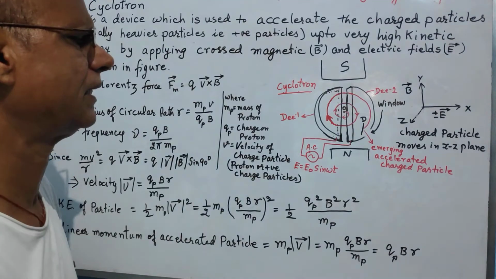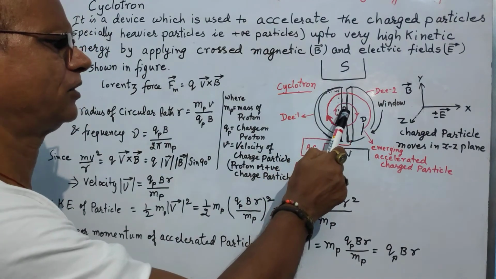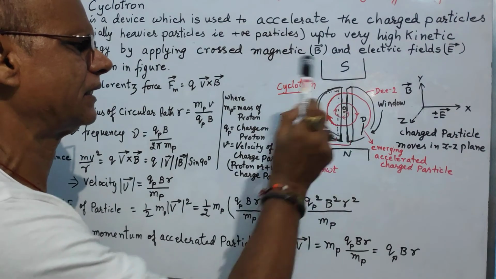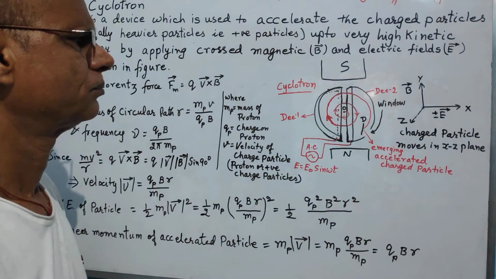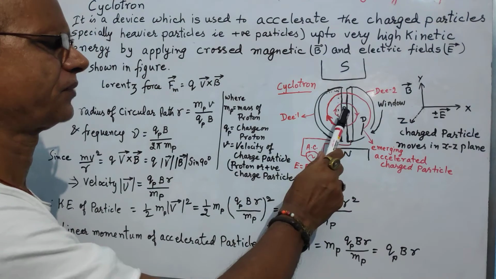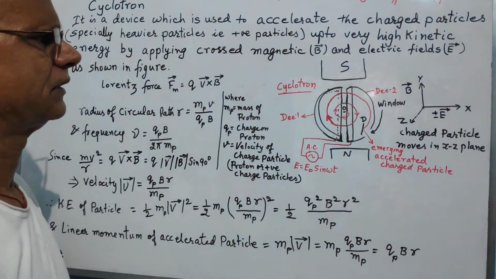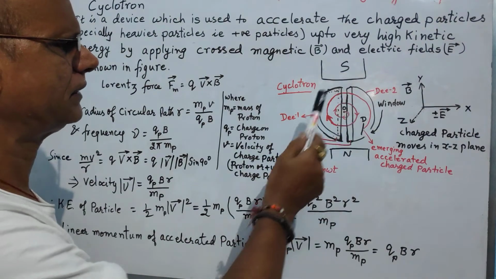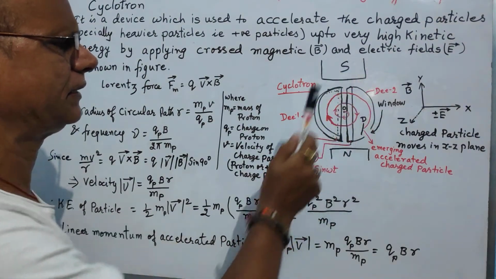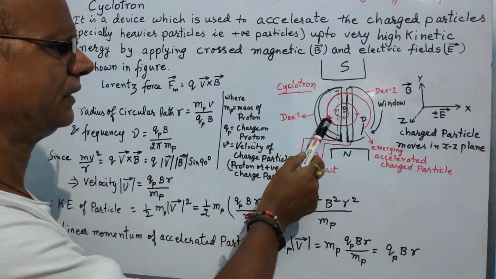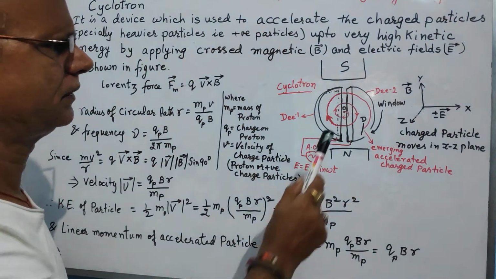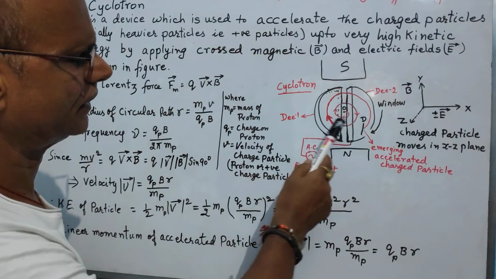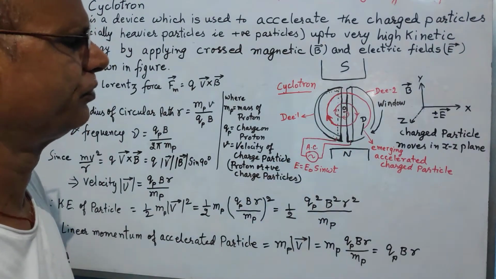Say for instance, let us say we have a positively charged particle, a proton, which is being released at the center of the cyclotron, and at that time, let us say D2 is negatively charged, having negative polarity, and D1 is having positive polarity. In that case, you can see the red line. It shows the path along which the charged particle moves.